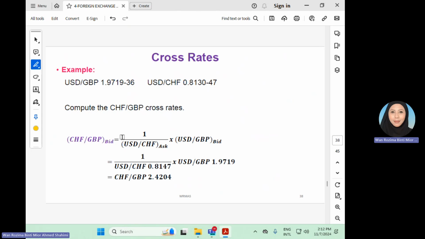Since we want to know Swiss franc, CHF against British pound, I put the formula right away because the space is quite small.